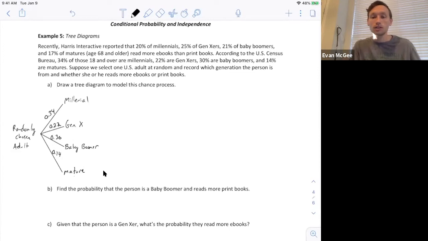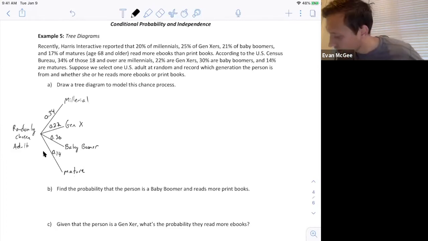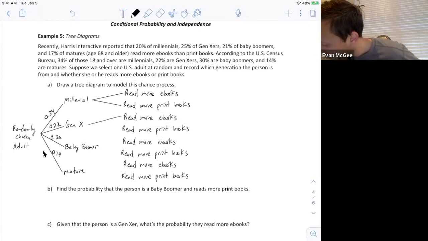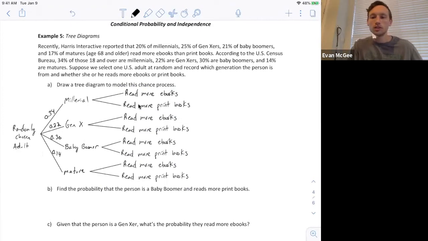Now, after I've selected the person, the next question is, do they read more ebooks or do they read more print books? So I've listed all possible outcomes from the next events. And if they're millennial, these are the conditional statements now. So knowing they're millennial, what's the probability they read more ebooks? That's what these first probabilities listed in the problem were. 20% of millennials read more ebooks. 25% of Gen Xers read more ebooks.